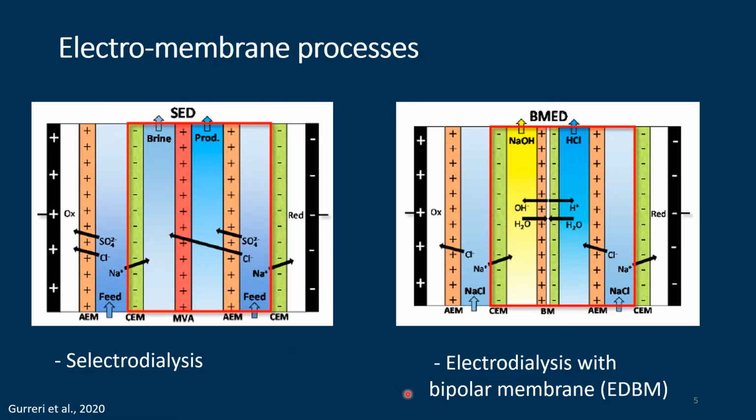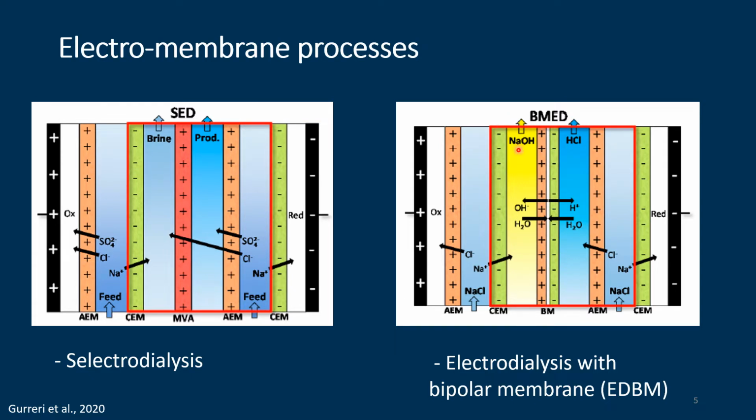Also, we have the bipolar membrane, and you can see this bipolar membrane consists of plus charge and minus charge, and then this will concentrate your H plus and hydroxide ion, and you will collect your sodium from the cation exchange membrane, and you have chloride ion from the anion exchange membrane, so you can collect HCl and sodium hydroxide.